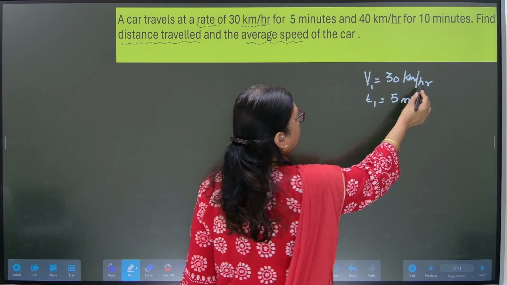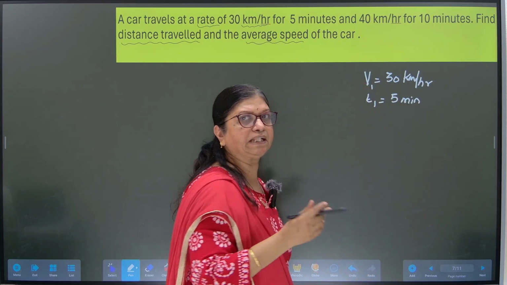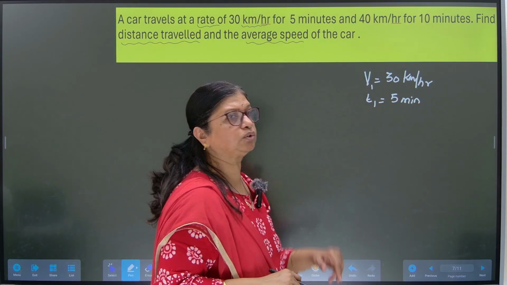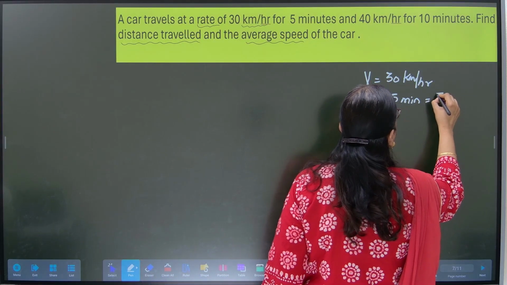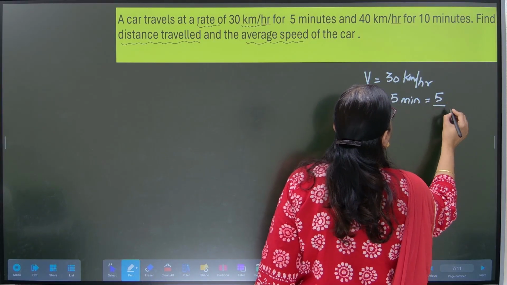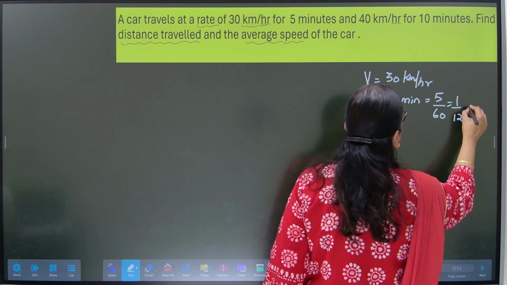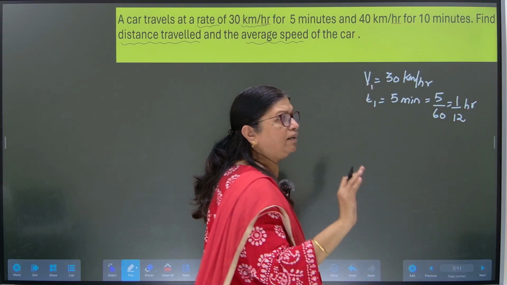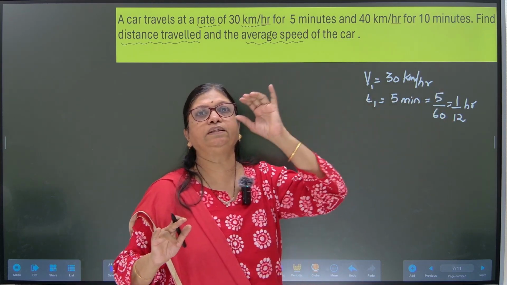Now this is in hour, this is in minute. So either you convert this into meter per second, then you have to convert this also into second. It is better I convert minute into hour. To convert minute into hour, I can write 5 upon 60, that is equal to 1 upon 12 hour. I got a fraction, doesn't matter, leave it there. So kilometer per hour and hour units are same.